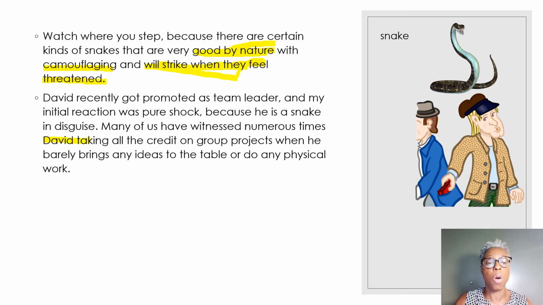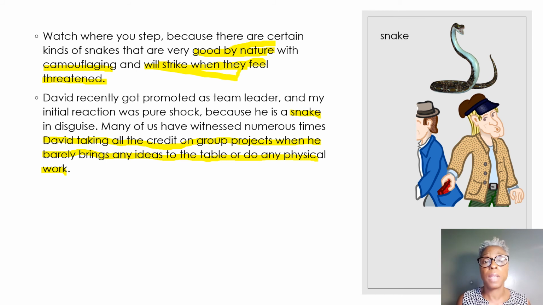David taking all the credit on group projects when he barely brings any ideas to the table or do any physical work. So that just sounds like someone that is very deceitful, and she describes him as a snake. So I just want to stop here and emphasize the word snake.